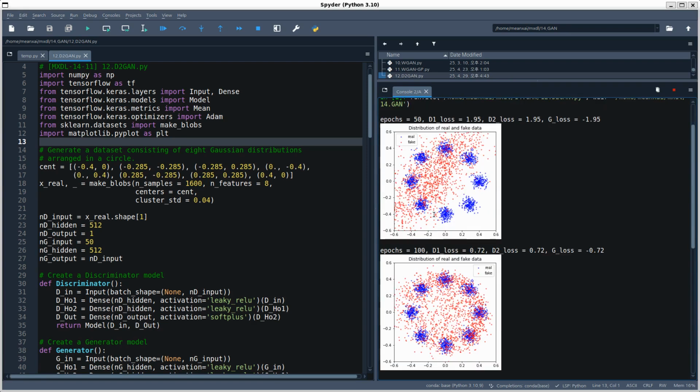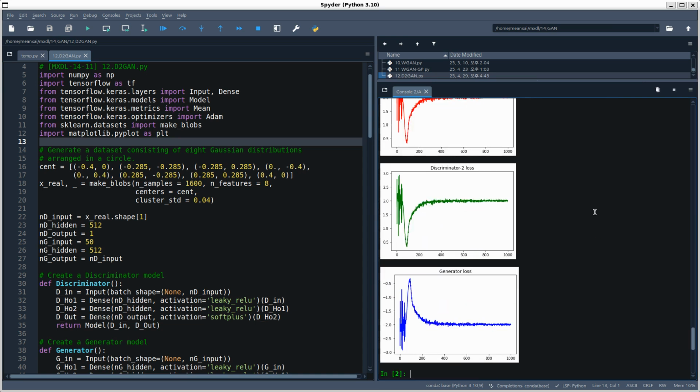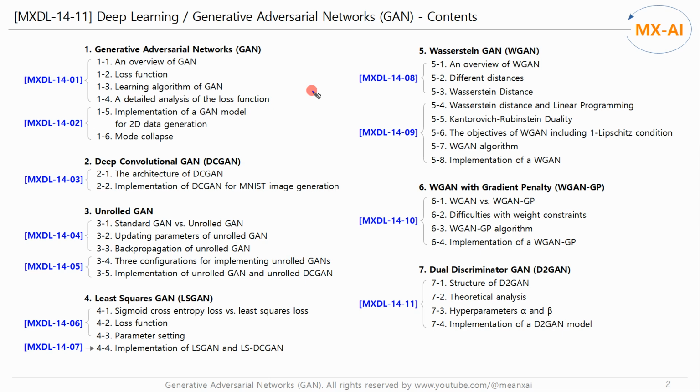Let's run this code. We got the following results. So far, we have looked at generative adversarial networks, GAN, through a total of 11 videos.